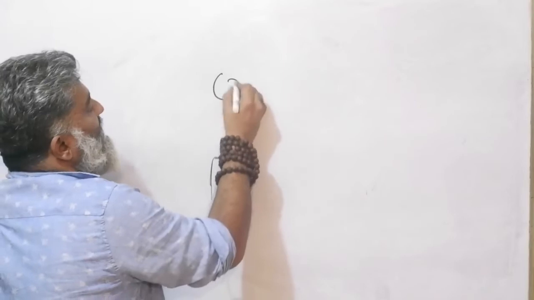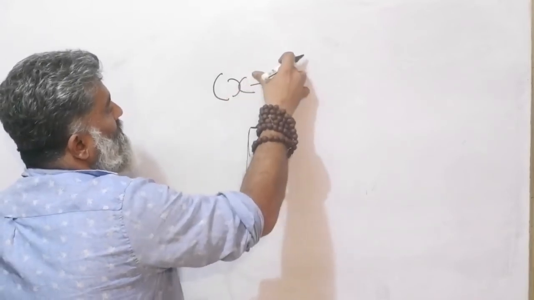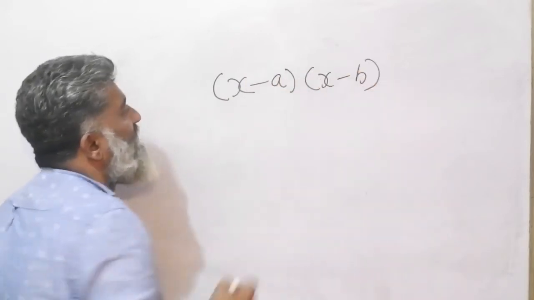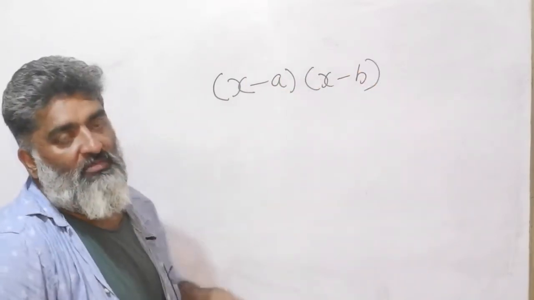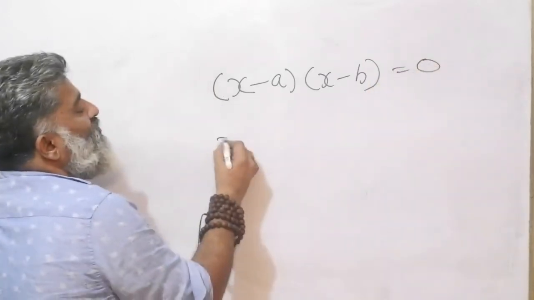A quick point to notice for the same thing is that if I go back to my basics, (x - a)(x - b), before even the quadratic journey started, equate it to 0, expand it, what do you get?